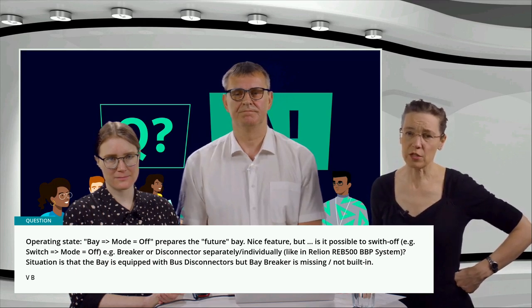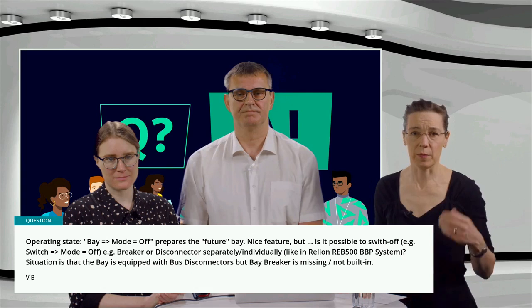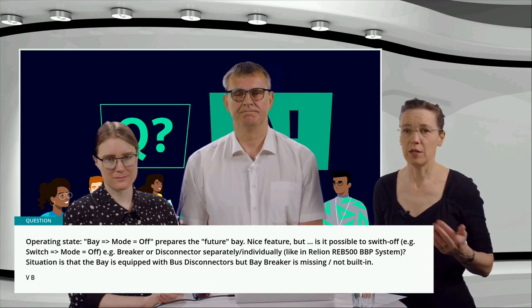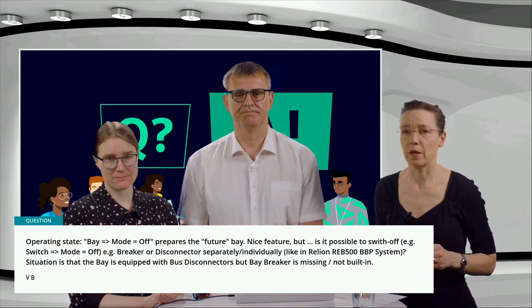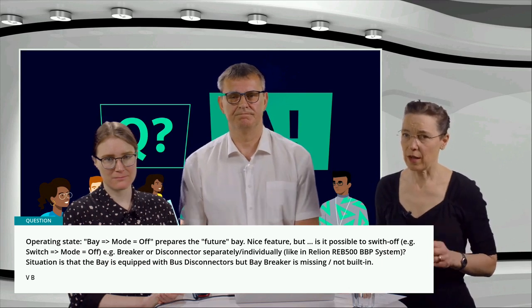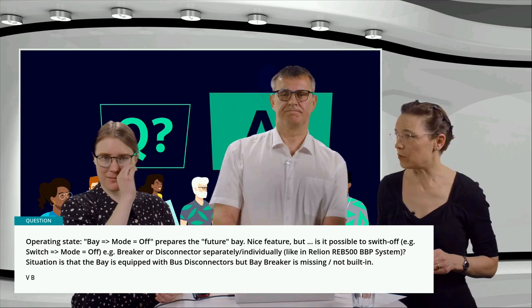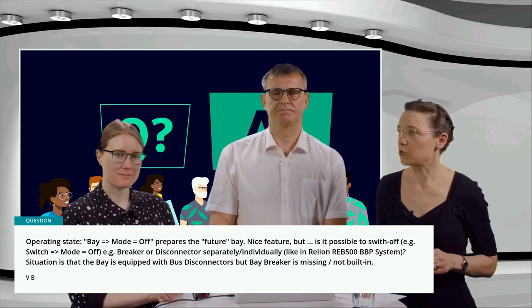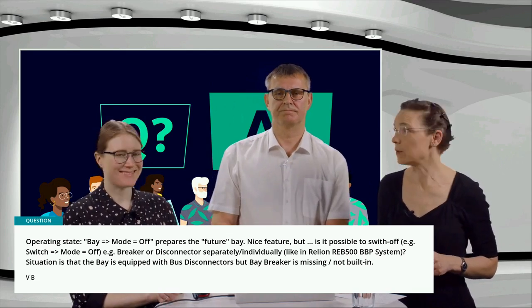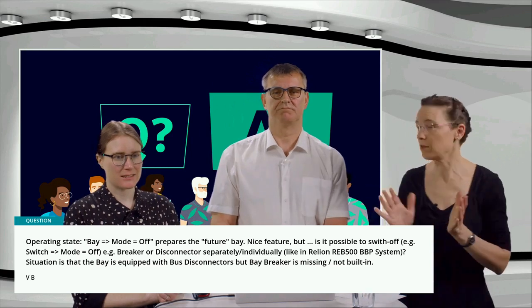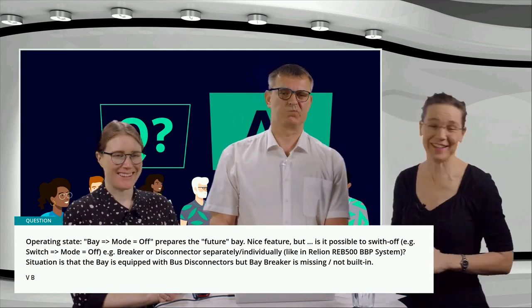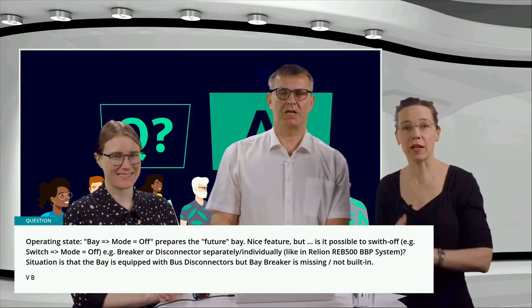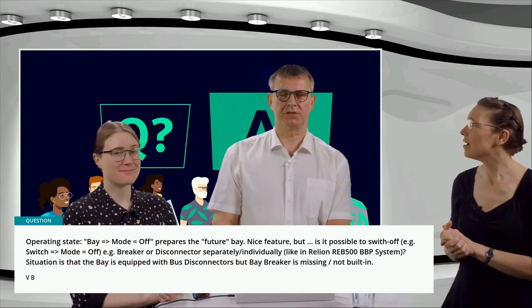The current situation is that the bay is equipped with bus disconnectors, but a bay breaker is missing and not built in. That's a very special question, right? It's okay if we take it offline, but if you see it as easy to answer, that's also okay. No, you don't look like an easy answer here. I do not completely understand it really.